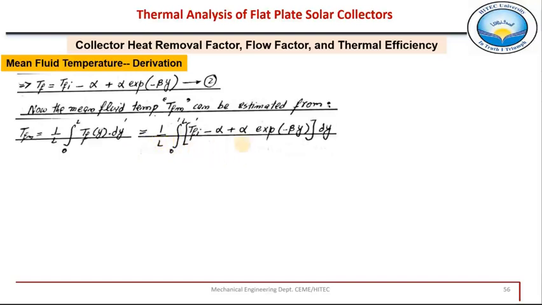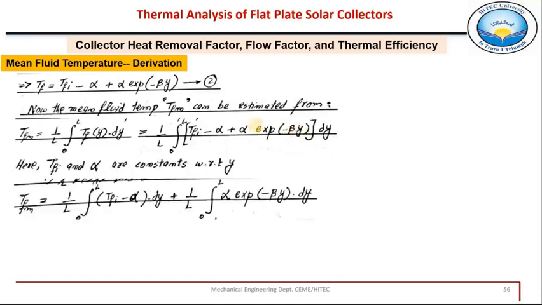Now here again notice that in this equation TFI and alpha are constants, right? So let's proceed further. So here TFI and alpha are constants with respect to y, actually, because y is the variable. So that is mentioned here.